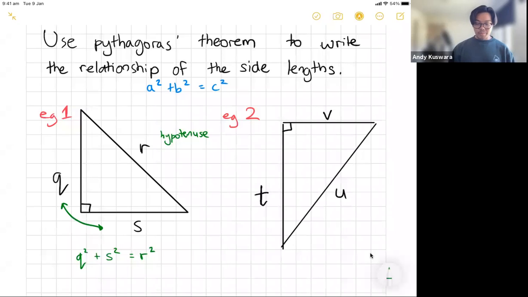So hopefully you wrote this. See how U is the furthest away, so U is my hypotenuse. That means the two shorter sides must be T and V. So I add the two shorter sides together: T squared plus V squared equals U, my hypotenuse, squared.